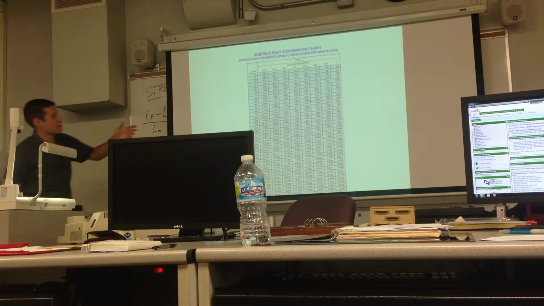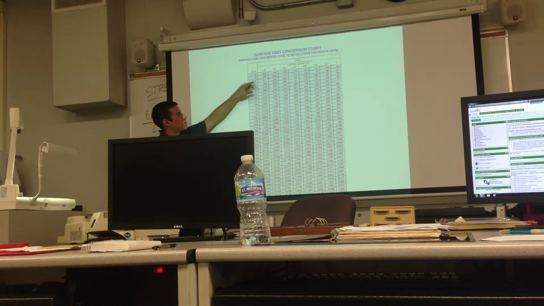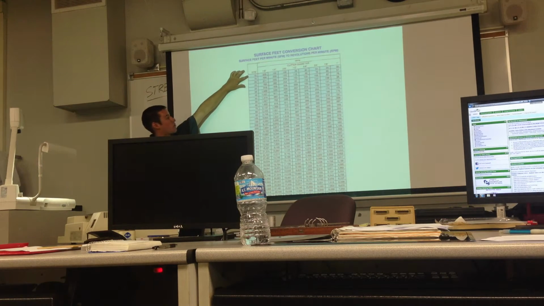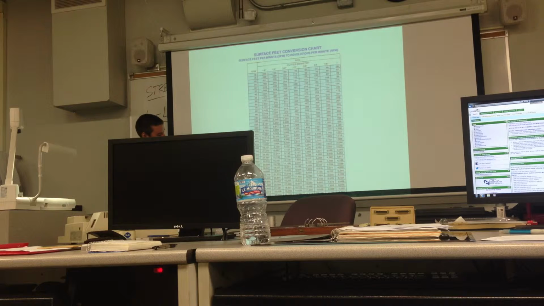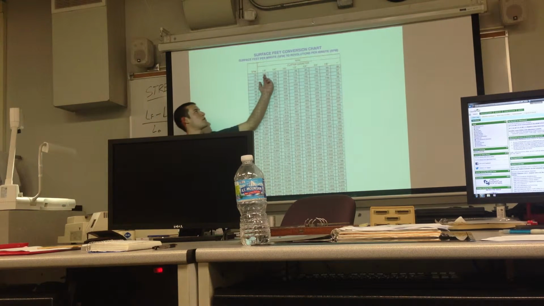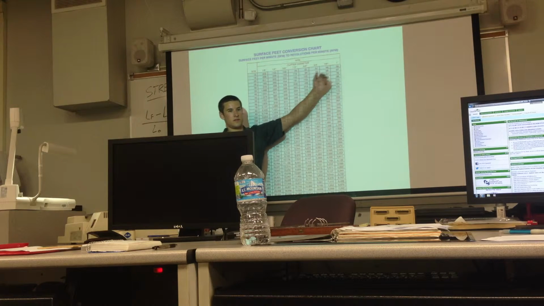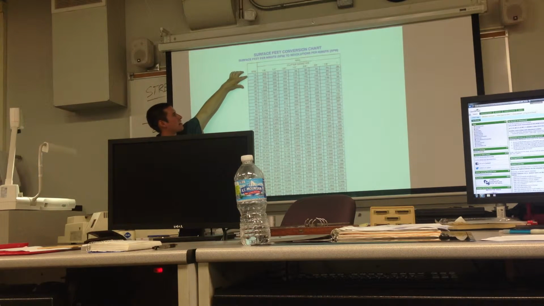So if you look at this chart here, it's kind of hard to see, it's small, I get it, but you have your surface speed per minute right here. It's going from 10 all the way to 2000, and across the top you have diameters.